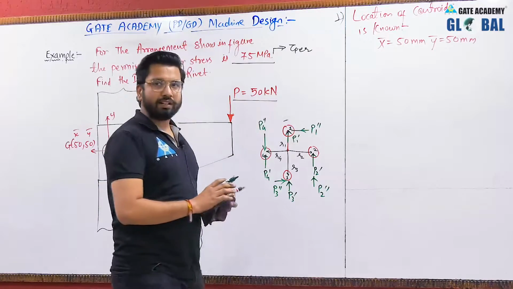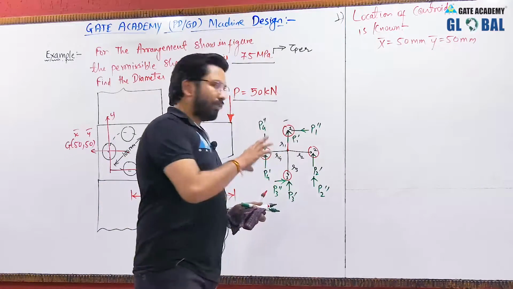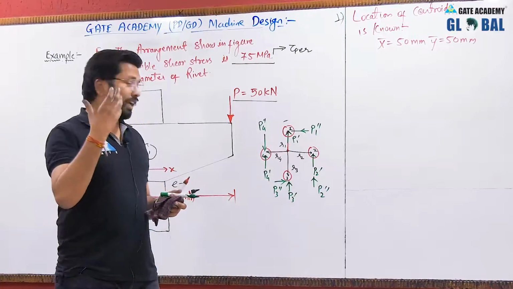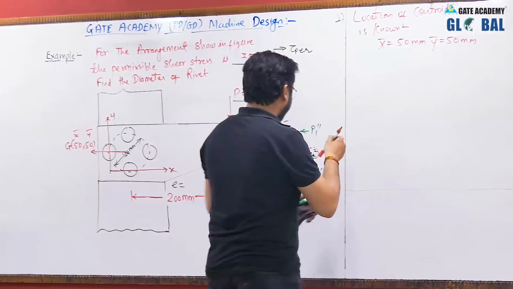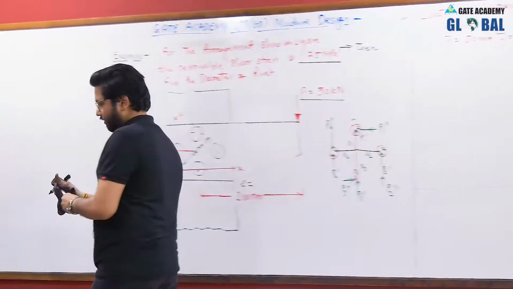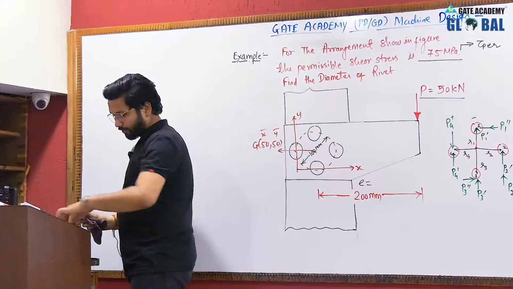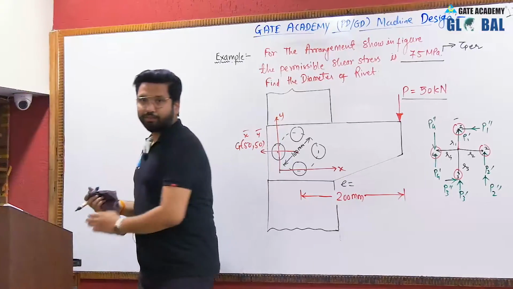Now from this question you will get some important concepts, so watch the lecture carefully. I will be telling you about the effect of angles between the primary and secondary shear forces. It is very easy to calculate the primary shear force.